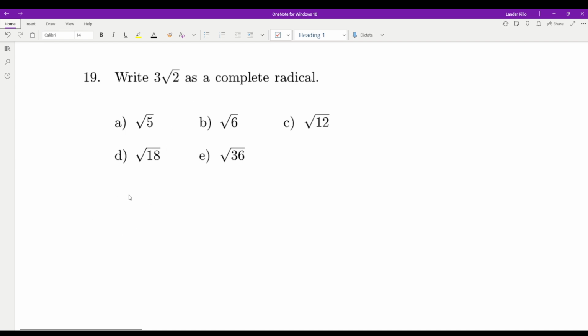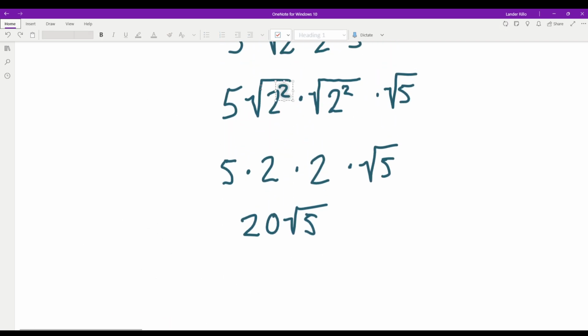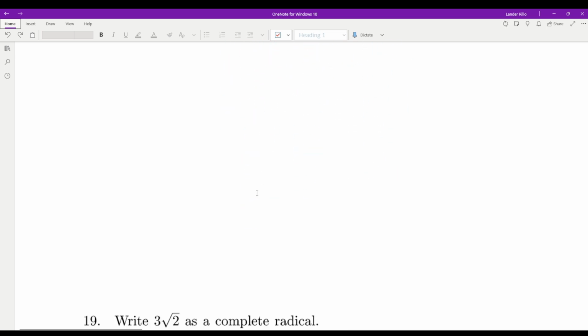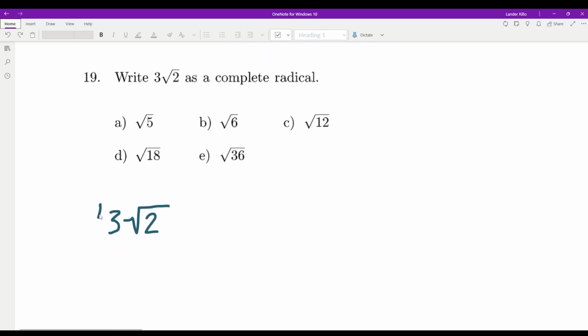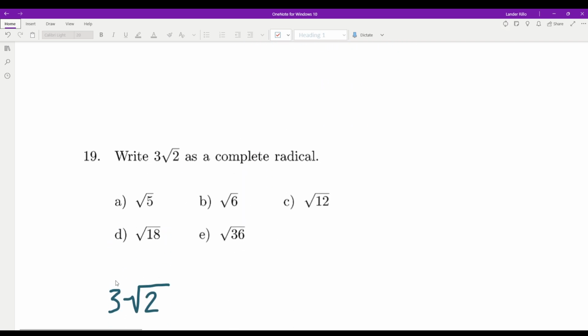Write as a complete radical. Now, writing as a complete radical is much easier than trying to write as a mixed radical, because you don't have to decompose the inside. Instead, it's like the reverse order. So what you want to do is, just like how we canceled out 2 square root 2 is equal to 2, the reverse for this 3 here, you want to put this 3 back inside.